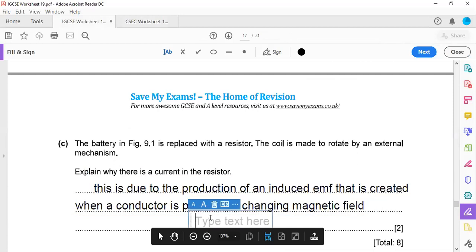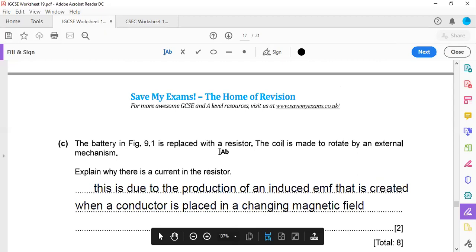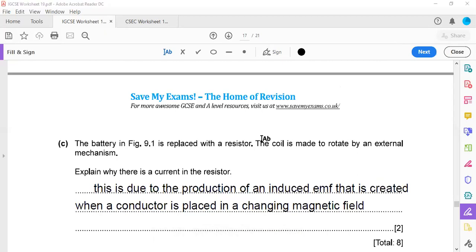So you are going to write the definition for this one. All right. Are you okay with this so far, IGC students? Yeah, good. Nice. So we're moving on.